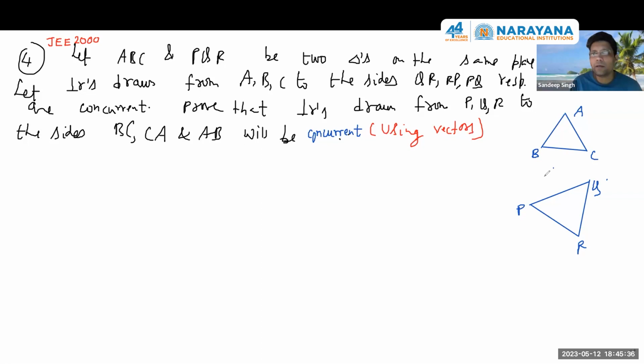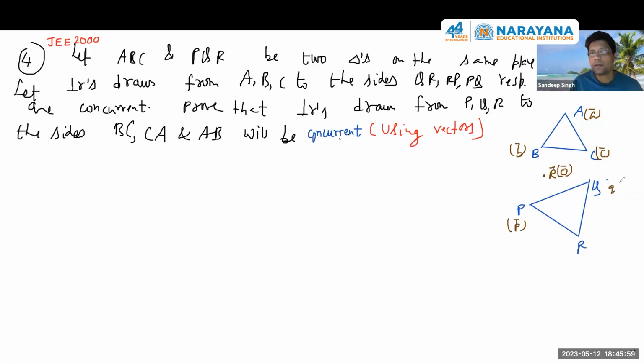Very good. So let me mark this point of concurrency as the origin of vectors. Correct? And these as ABC and PQR.